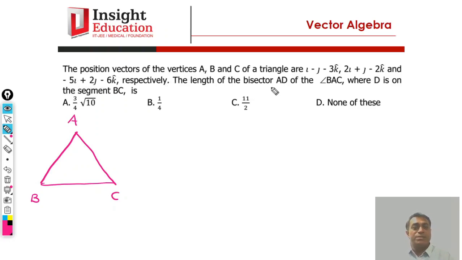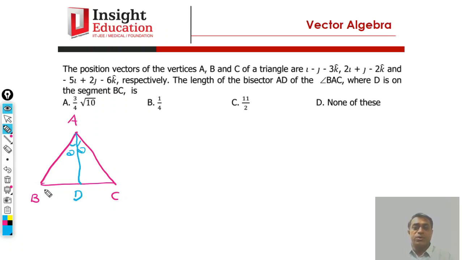The length of the bisector AD of angle BAC. So I can consider angle BAC, and the bisector divides this angle into two equal parts. Okay, so point D, angle theta.